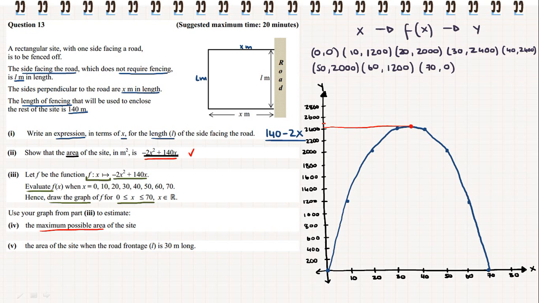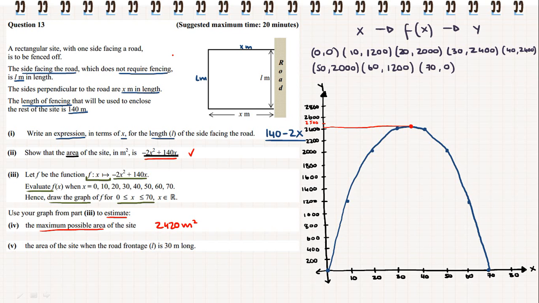Approximately halfway here is going to be 2,500. So if it's about 0.2 of the way up, then it's going to be 2,420. So we're estimating the maximum possible area. Our answer is going to be 2,420 meters squared.